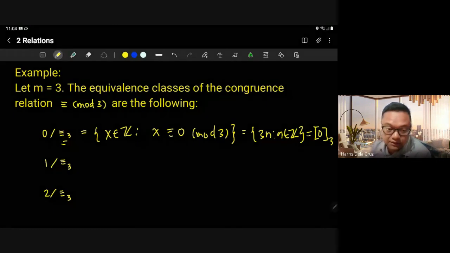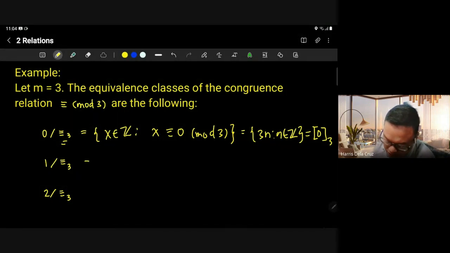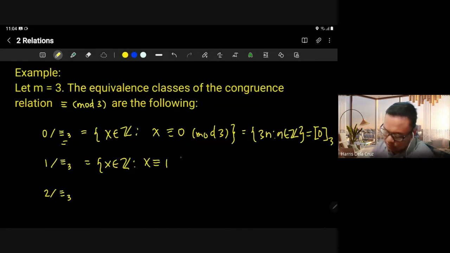Similarly, 1 over modulo relation is the set containing all x element of Z such that x this time is congruent to 1 modulo 3. Tatandaan nyo kung paano fino-form yung set.